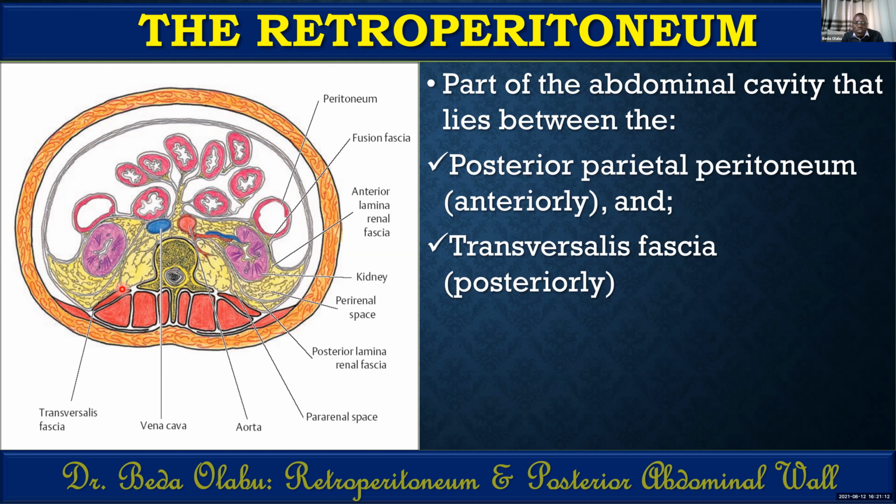Then we talked about the layer of muscles. After the layer of muscles, we mentioned this fascia, the fascia transversalis. So transversalis fascia is the innermost layer of the abdominal wall. Therefore, that space between the transversalis fascia and the posterior peritoneum, that space is what you're calling the retroperitoneum.